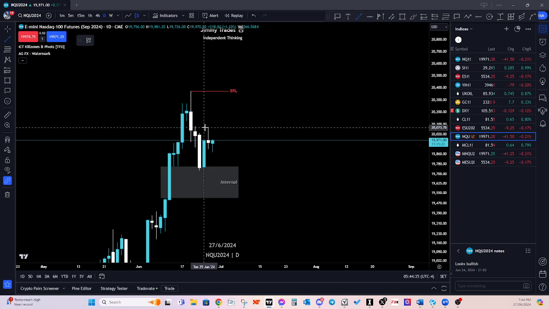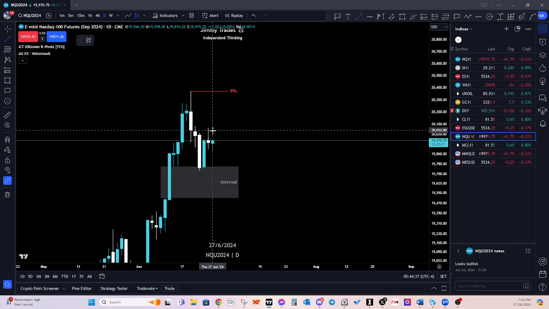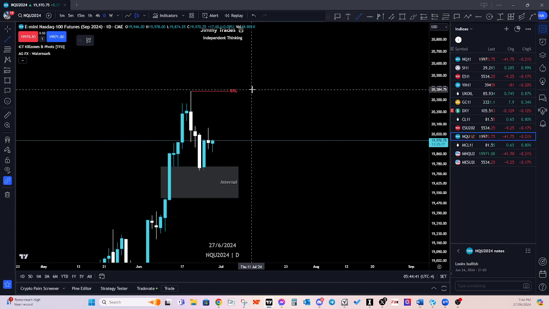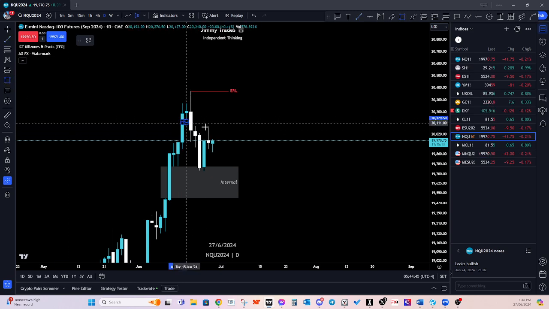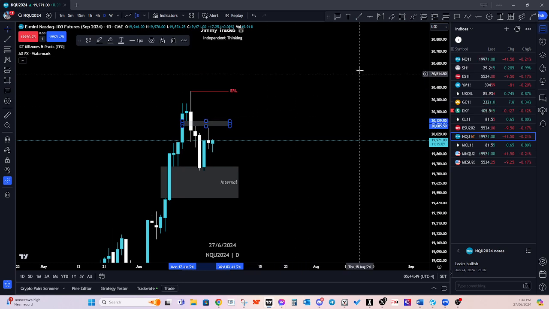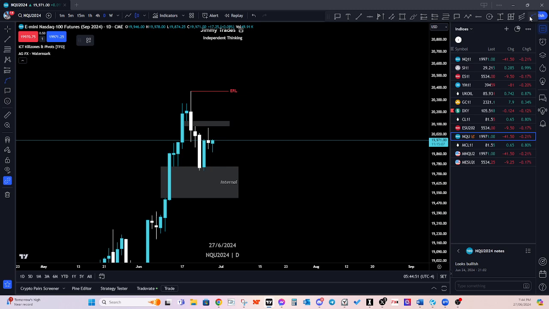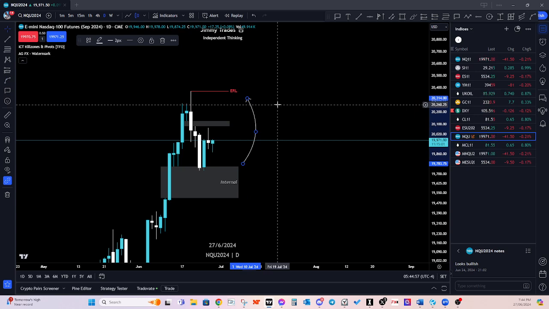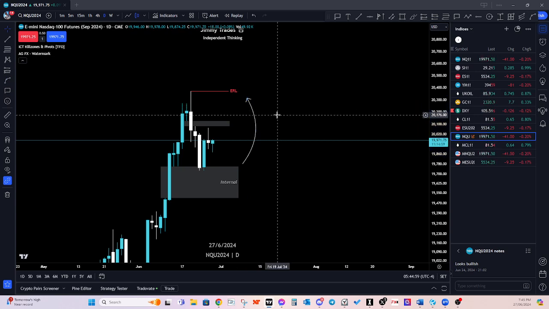We've also created, or potentially creating, a swing high here, depending on what price does today. So we'll just keep an eye on that. There is a tiny FVG in here as well, just to be aware of. But on the basis of the internal to external relationship, I'm going to remain bullish on NQ today.